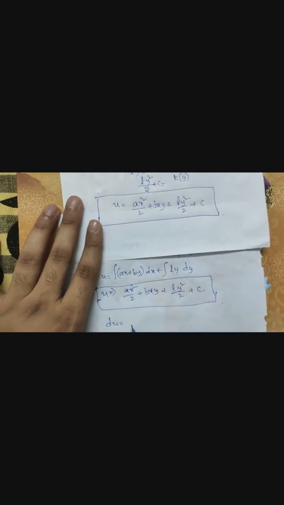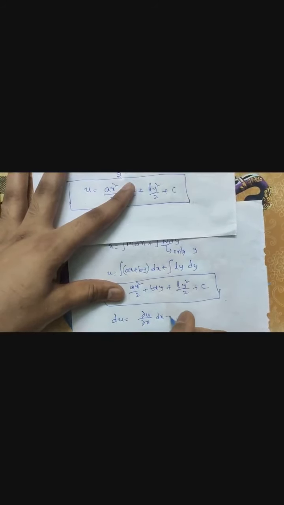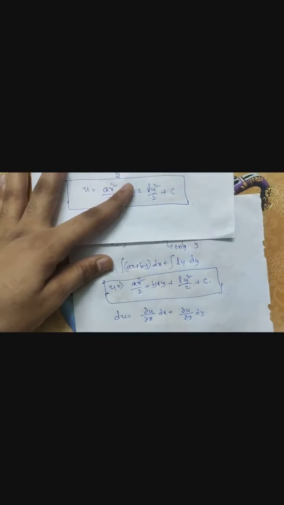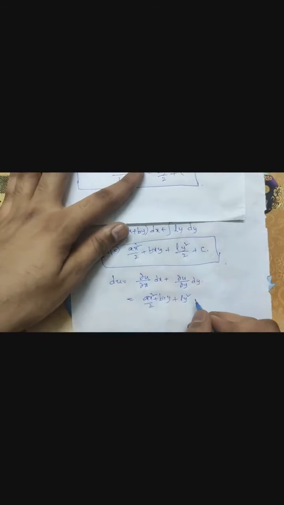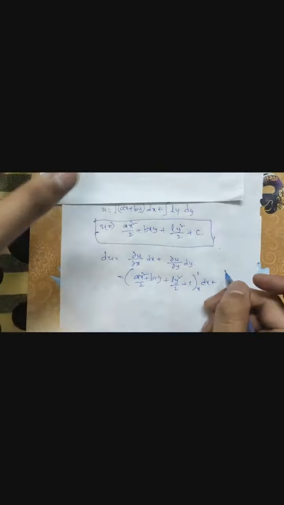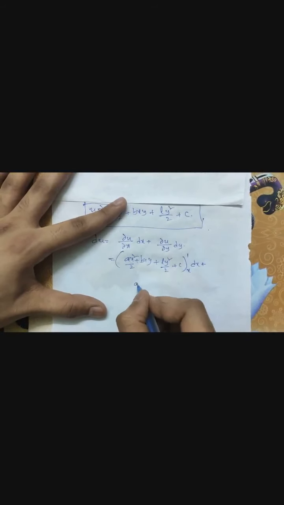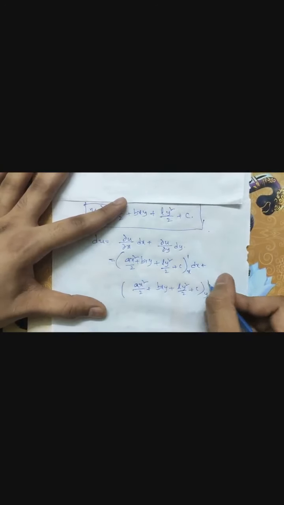The method is du, that is, the partial derivative of u with respect to x times dx plus the partial derivative of u with respect to y times dy, where u is ax square by 2 plus bxy plus ly square by 2 plus c.